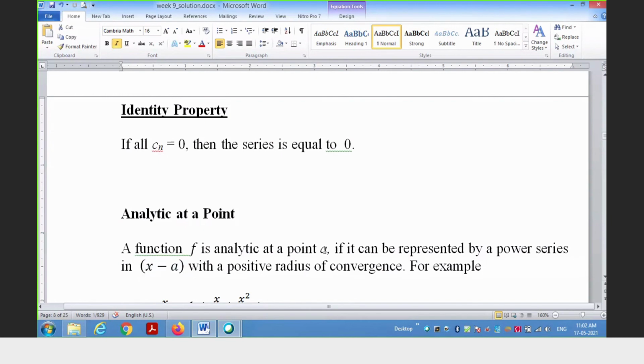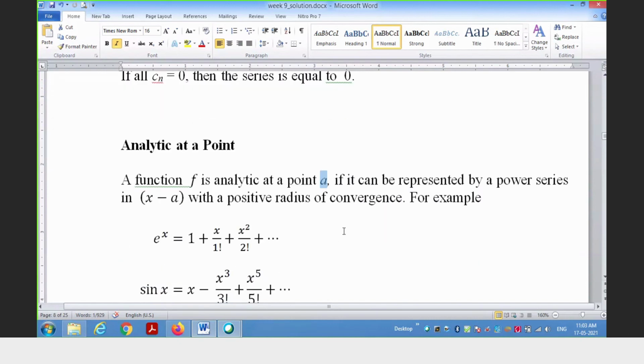A will be the point of expansion, or the center. It can be written as a power series in x minus A with a positive radius of convergence. That means there must be a positive radius of convergence.